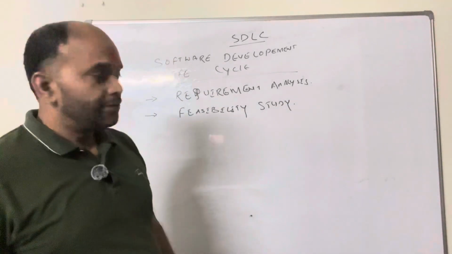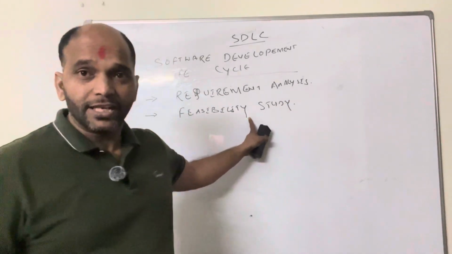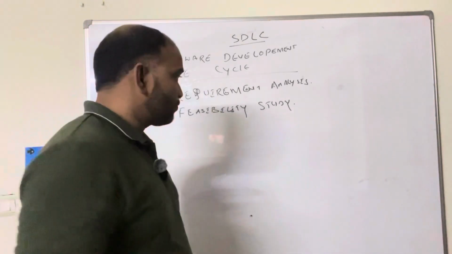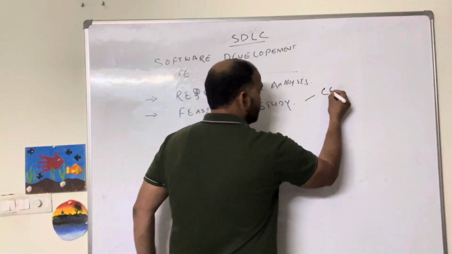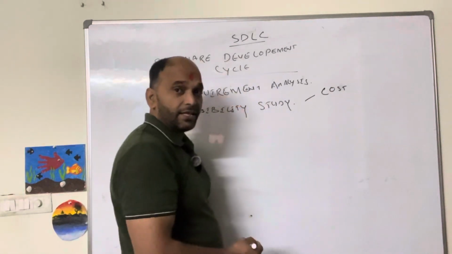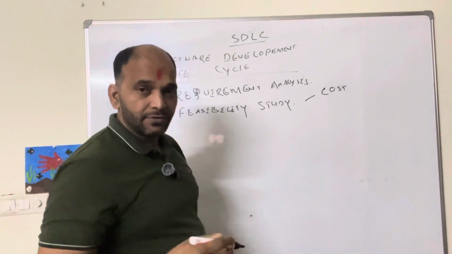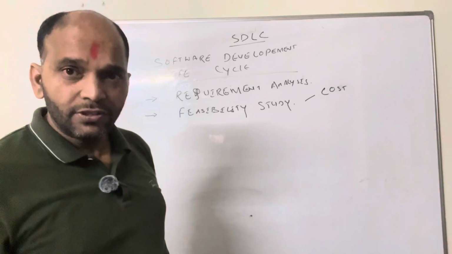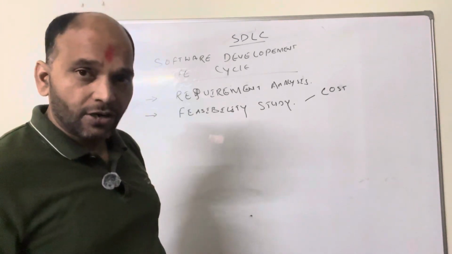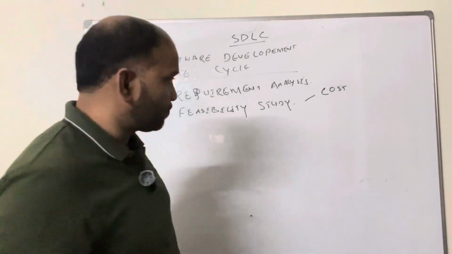Feasibility studies are done basically on three parameters. First one is cost. We have to see on the cost parameter whether the particular product which we are going to develop will be feasible or not, whether we can accept it on the cost part or not.